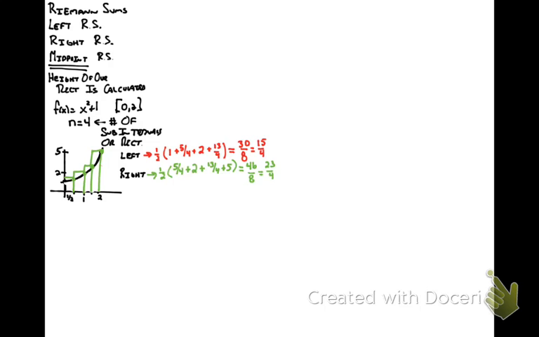Now we could do this another way. As an approximation, we could do what's called a midpoint Riemann sum. And this means that the height of each rectangle is calculated at the midpoint. So instead of the left or the right, right in the middle. And that would look like this. We would be having rectangles in the middle of each interval. So in this case, it would be at 1/4, and at 3/4, and at 5/4, and at 7/4.